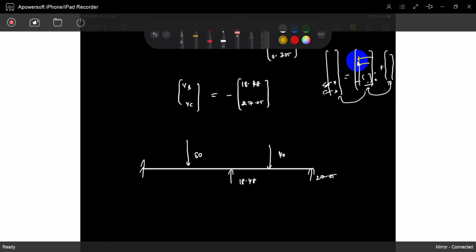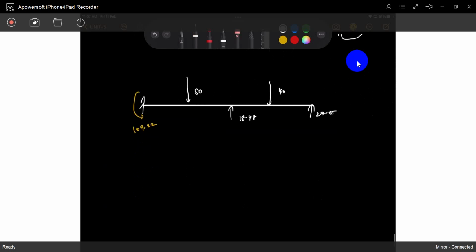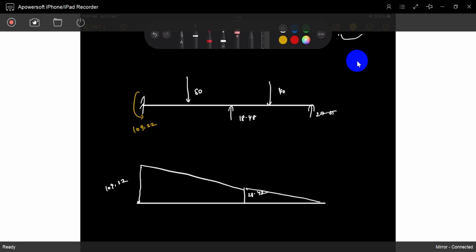Can you find out the moment? This moment is 109.22. Can you write down the bending moment diagram? So this is 109, and here is the 28.42 moment. It's 109.22, and you can write down this.